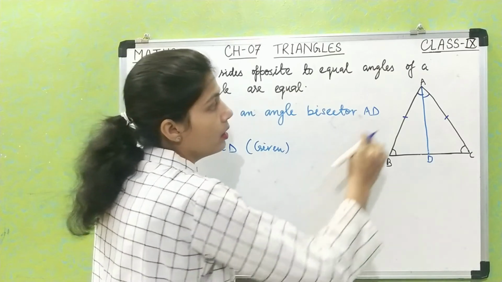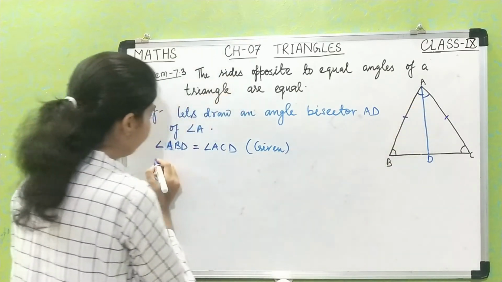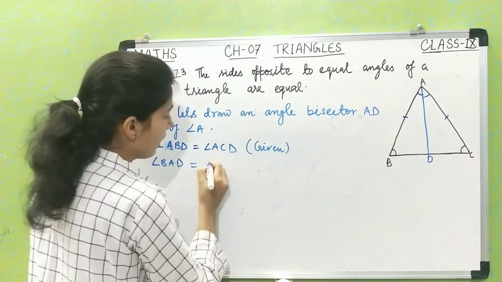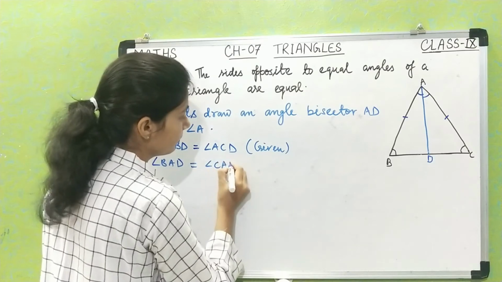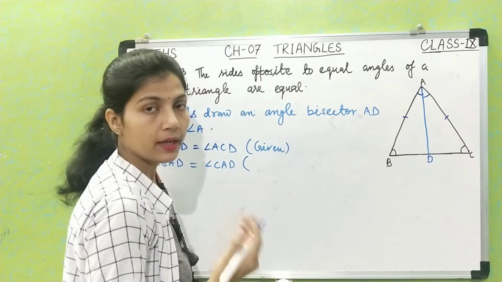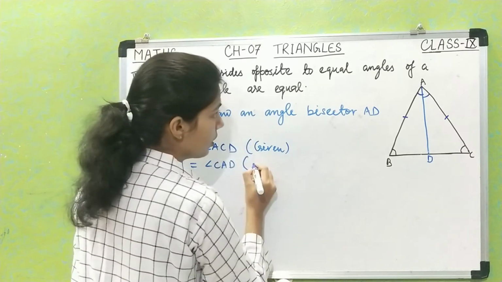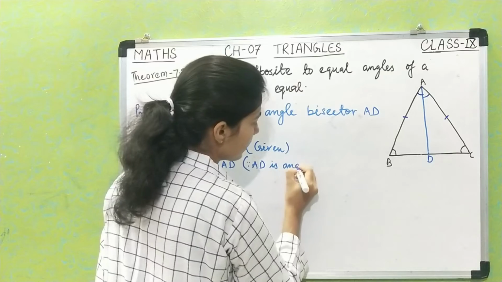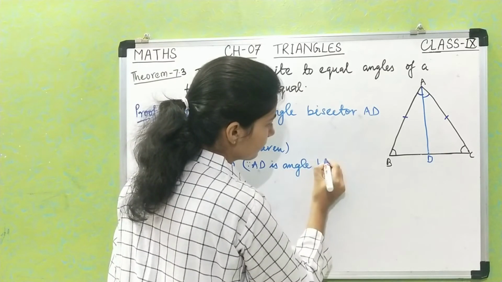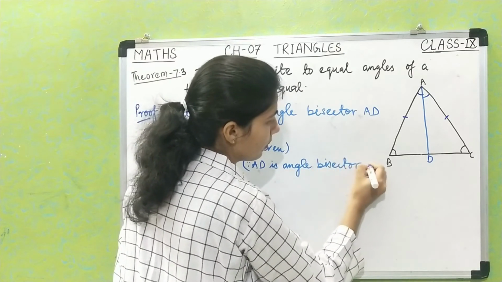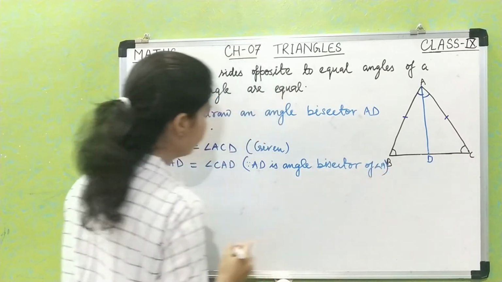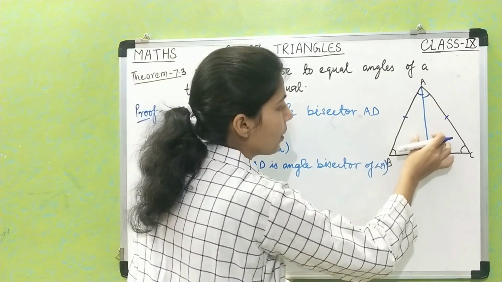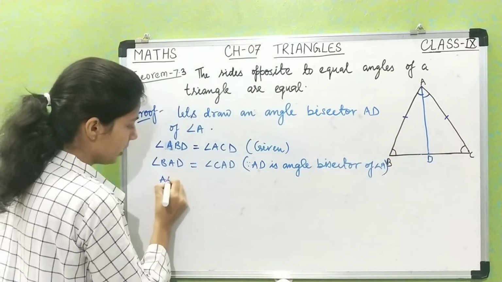Now angle BAD is equal to angle CAD. Why? By construction, because AD is the angle bisector of angle A. Now see, this AD is a common part of these two triangles, so AD equals AD.